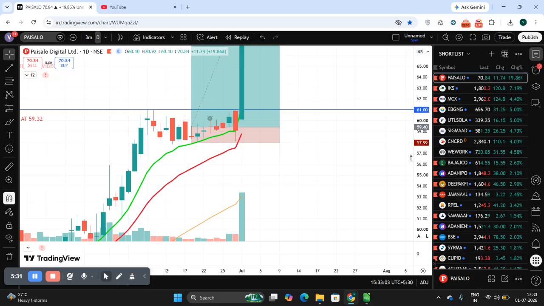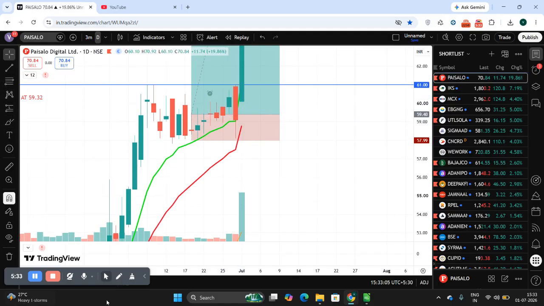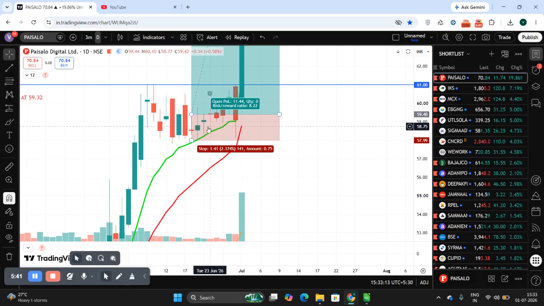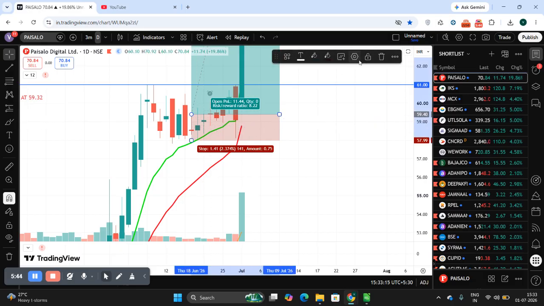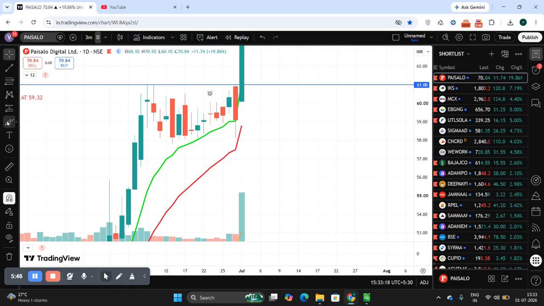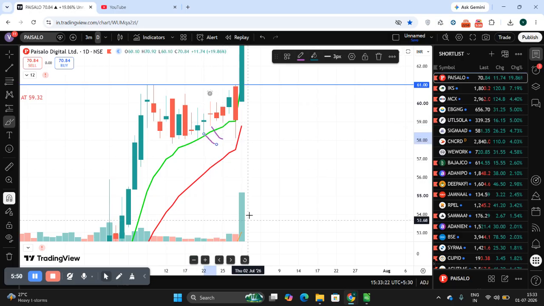You can see the doji here, this clean doji.